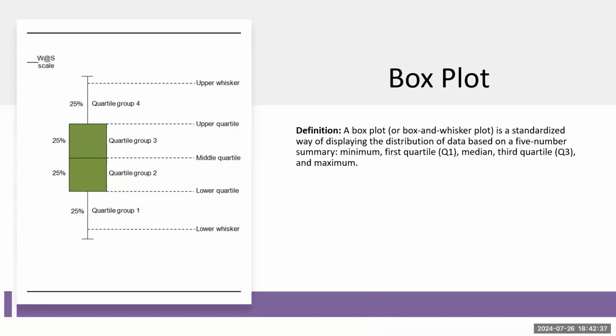A box plot is a standardized way of displaying distribution of data, okay? So the first thing you need to catch here is that it's a standardized, okay, way of displaying distribution of data.